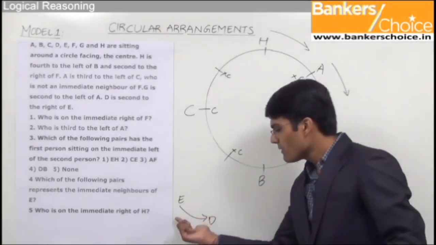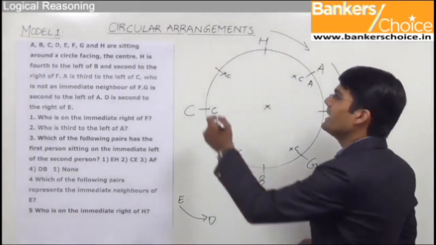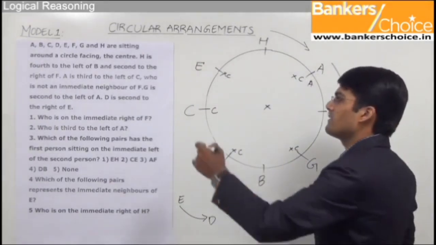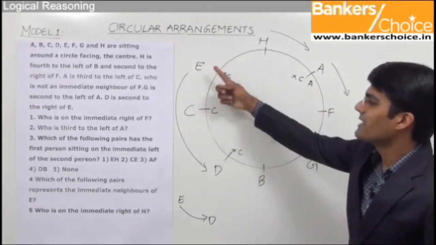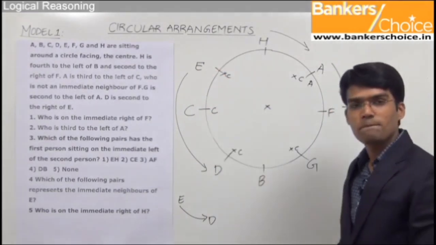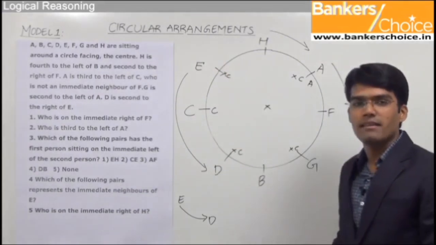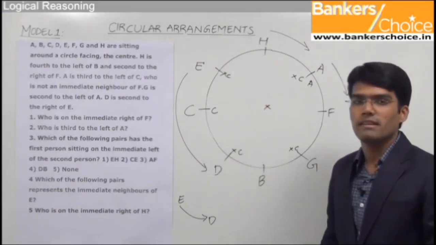So with this sort of arrangement and these 2 positions lying vacant, it is very clear that E should come in this place and D should be last place. And as you can see here, D is in the anti-clockwise direction of E, that is nothing but to the right of E. If we place the 2 persons D and E in an interchange manner, the condition gets violated. So that's how we have to place E and D.